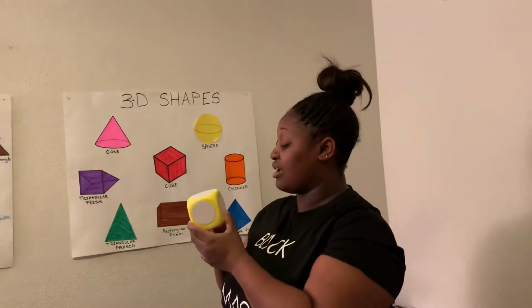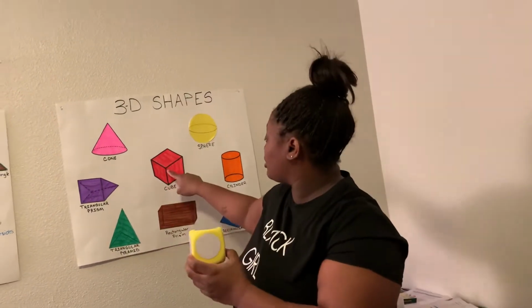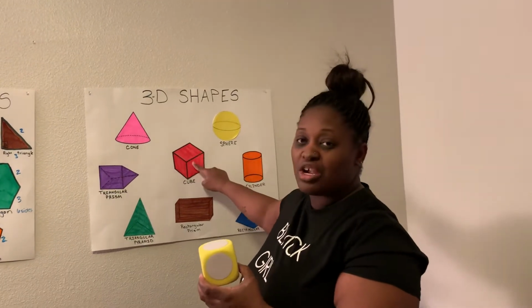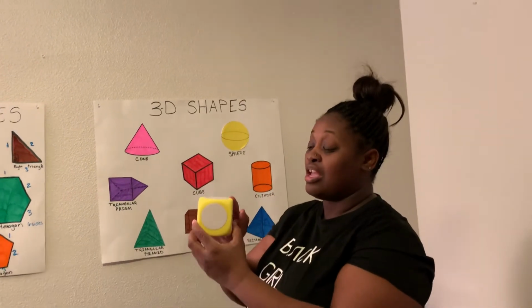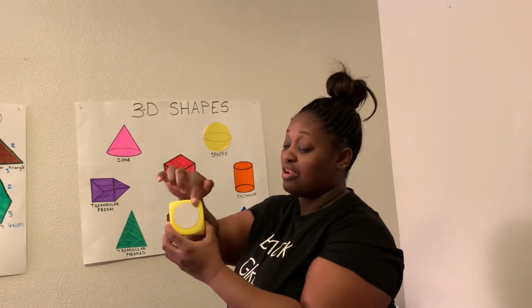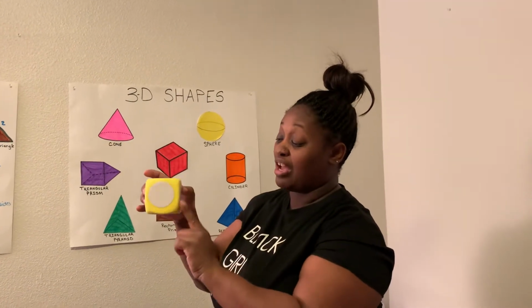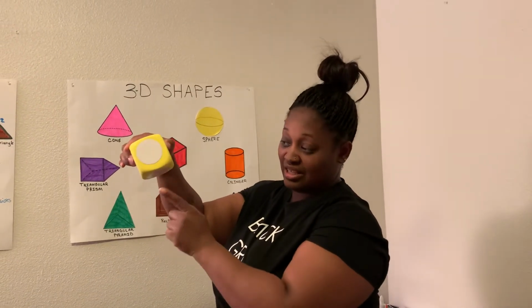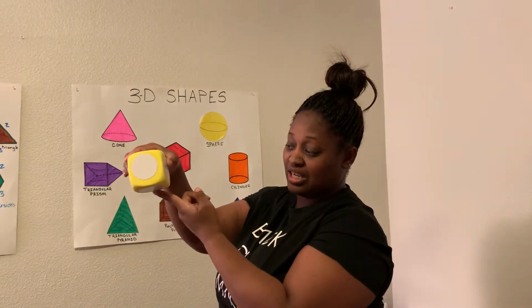And the edges. So the edges, we're going to count how they connect together. When you hear edges, it's how they connect. So a cube has 1, 2, 3, 4, 5, 6, 7, 8, 9, 10.